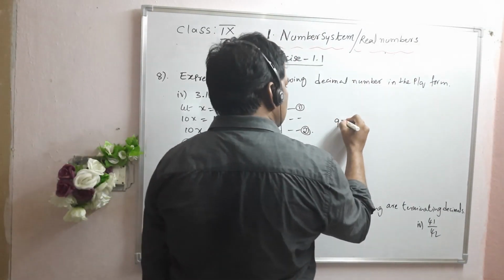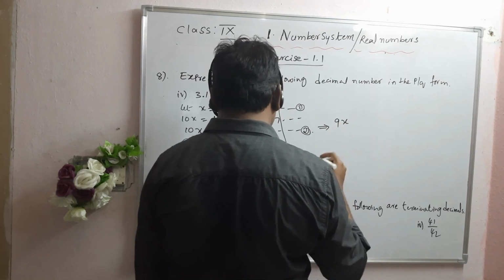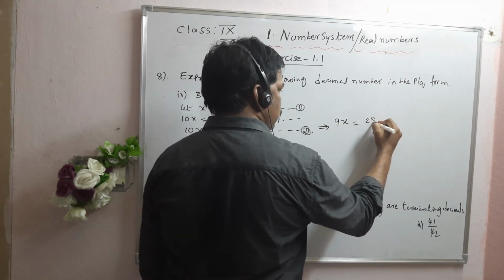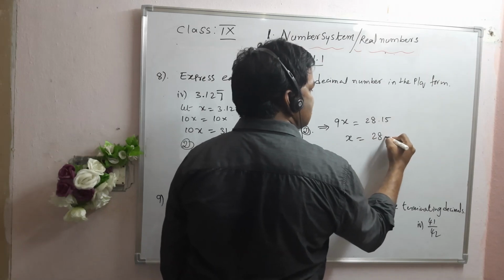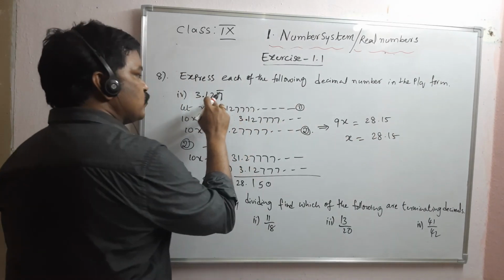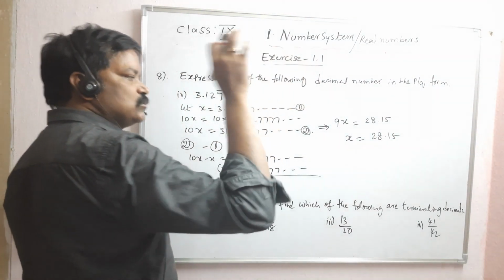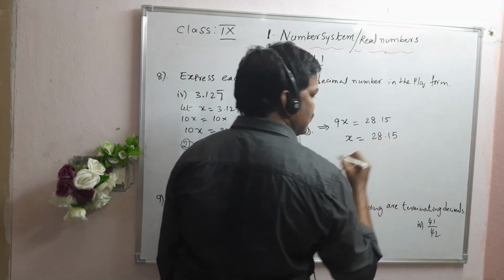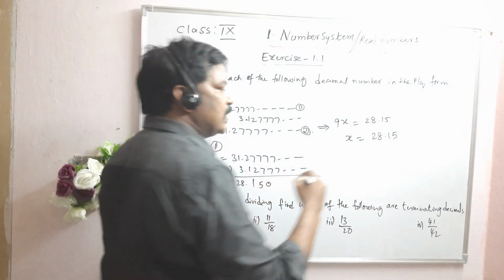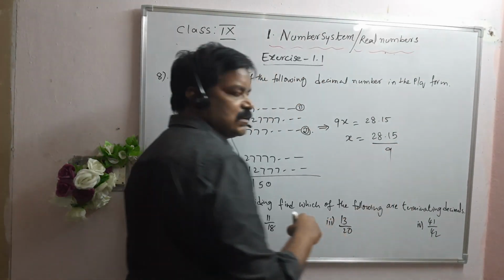So 9x is equal to 28.15. We want only the x value. x means this 3.127777 and so on. So x is 28.15 by 9.